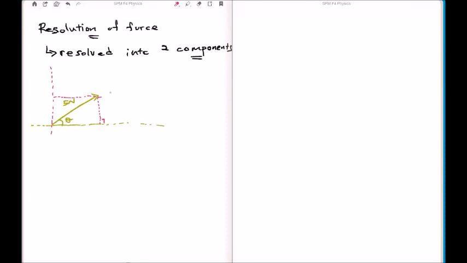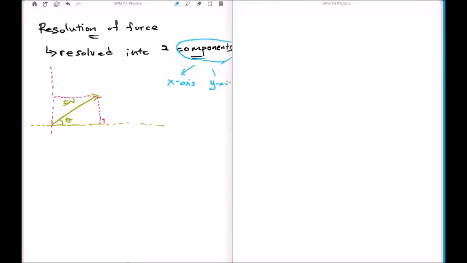So what you do is find out the component force. The components are the x component and the y component. You need to find out what's the component in the x and y axis.